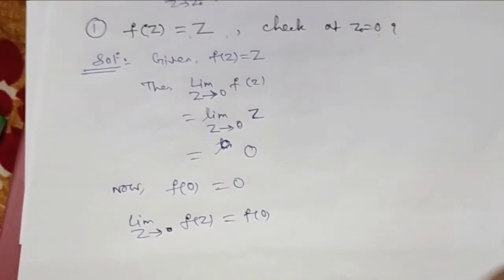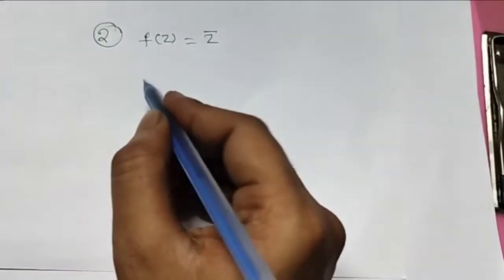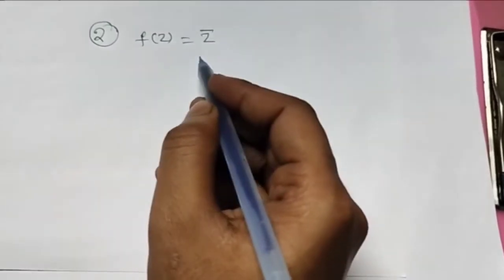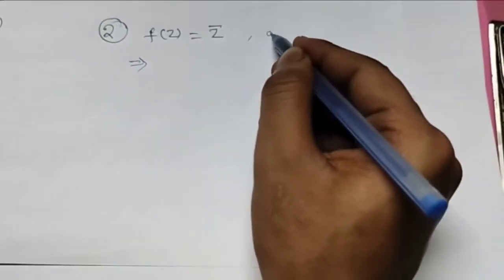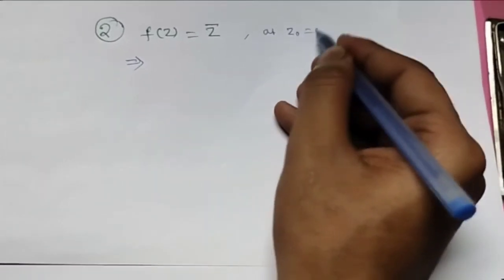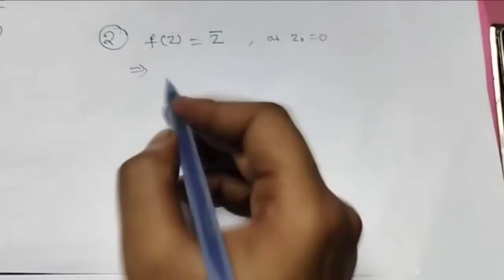Now another example is f(z) = z bar. Check at z0 = 0.